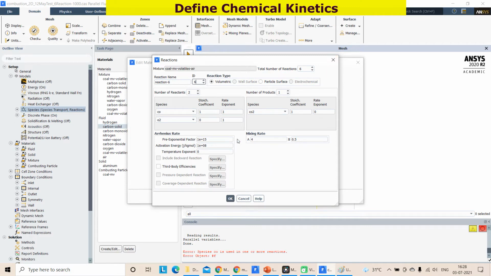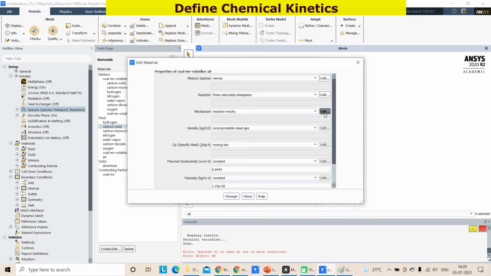Each reaction has a pre-exponential factor, activation energy, temperature exponent and mixing rate. Keep the default as it is if you don't know. If you want to validate with any experimental data, make sure that the reaction rate and chemical kinetics you see in the experiment are considered in your input data.